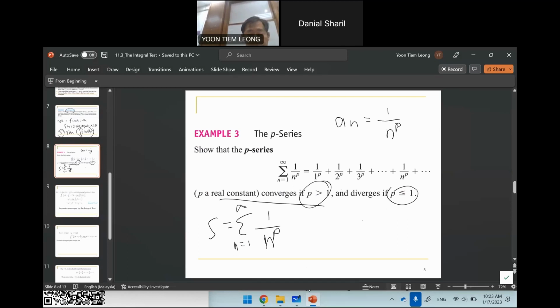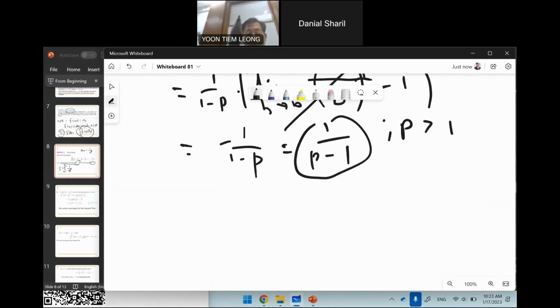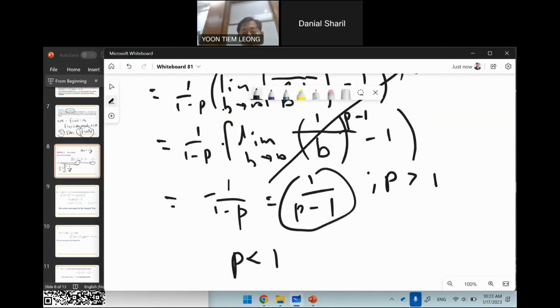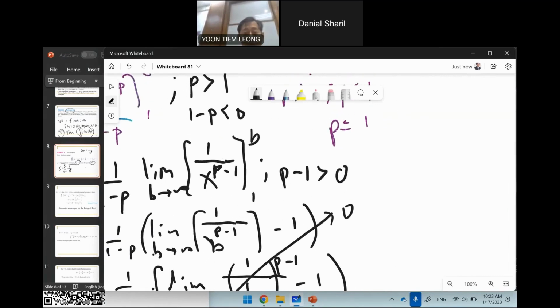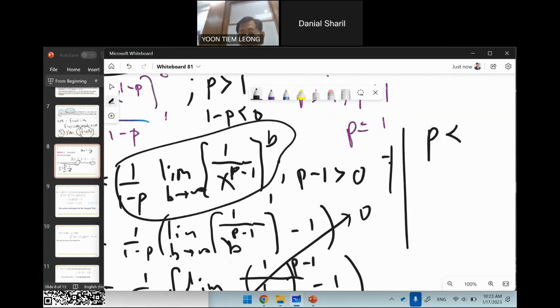So now you can continue to do the same argument, but you consider, for example, P less than 1. If you do P less than 1, then what you get from this integration would be slightly different. For the case of P less than 1, the integration of the function f(x) from 1 to infinity could be carried out.